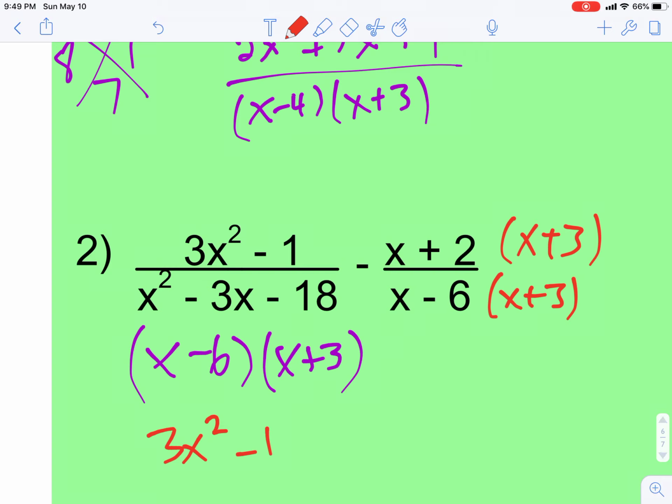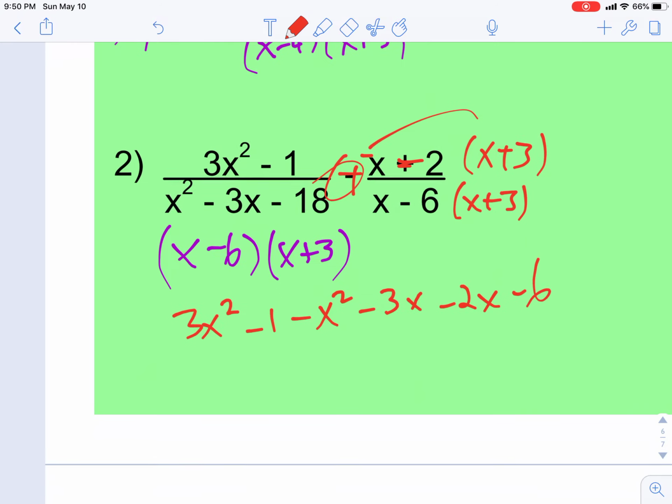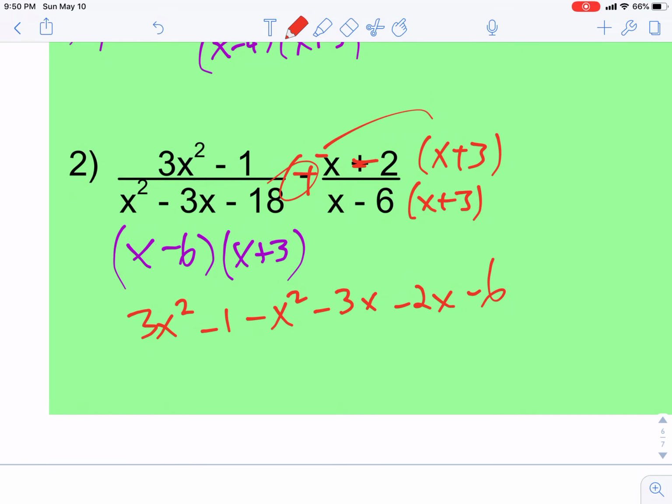Oh shoot, we forgot to add and then make that negative x squared and negative 2. All right, so negative x times positive x is negative x squared minus 3x. Negative 2 times x is negative 2x minus 6. Again, if you're wondering why those turn negative, it's because we had a subtraction sign. So we got to add it and then distribute the negative.